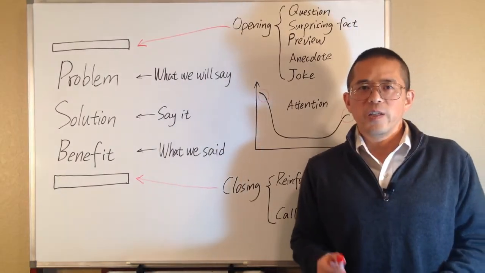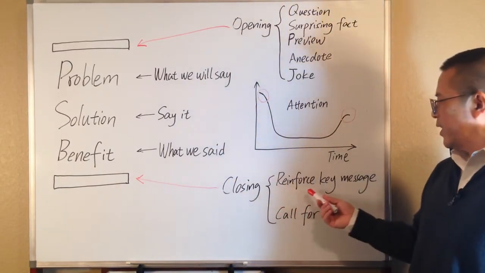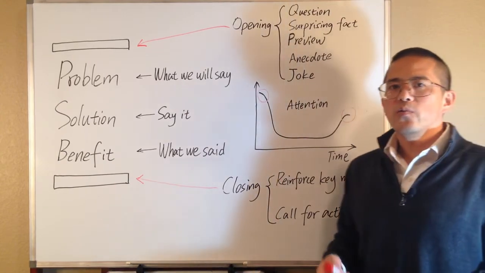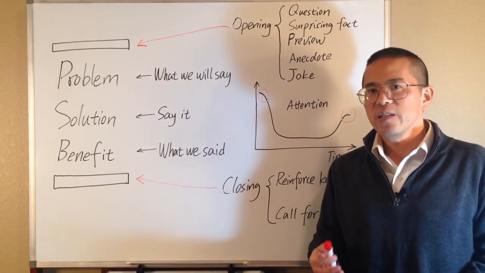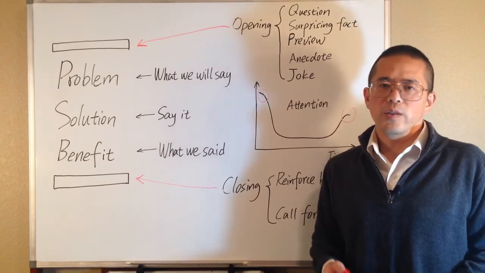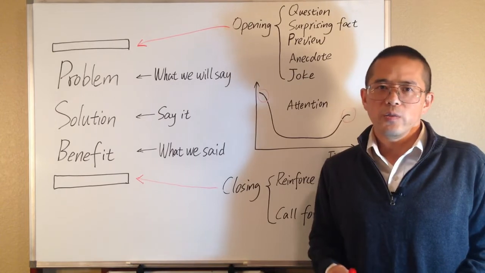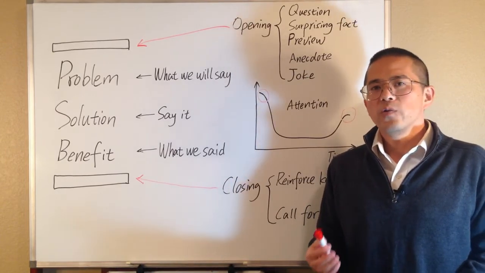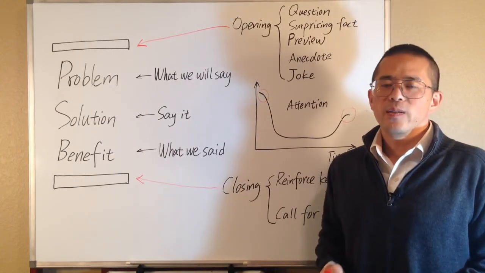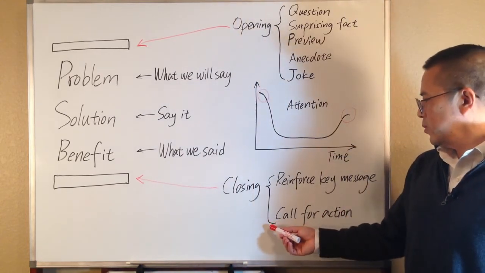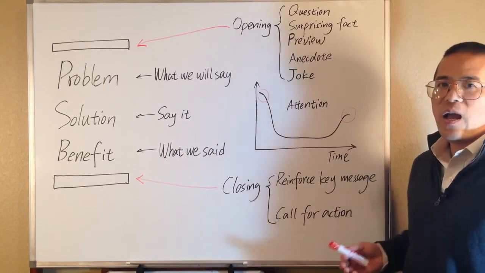The first is to reinforce the key takeaway message of our speech. It may be a restatement of the significance or benefit of our work, or the most brilliant part of our solution, or why our solution is timely. The second thing we can do in closing is to call for action.